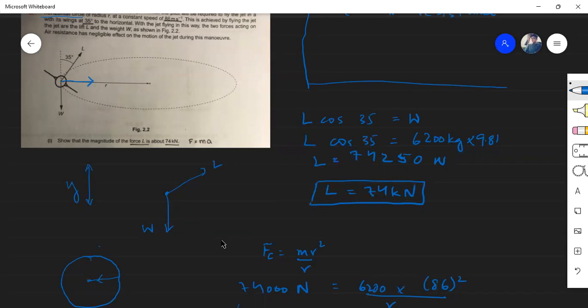So if we're using the formula for the centripetal force to get our value of R, then in place of Fc, we can only use the force that's actually the centripetal force here.